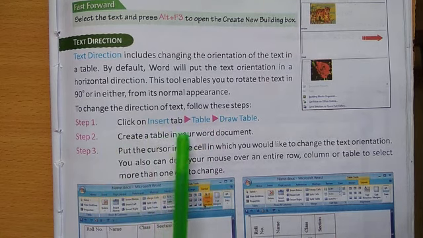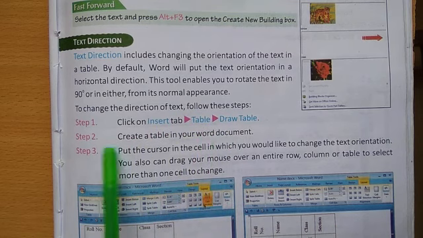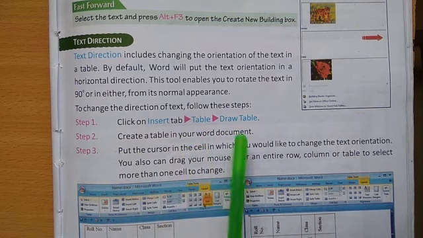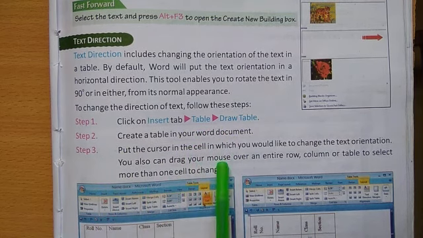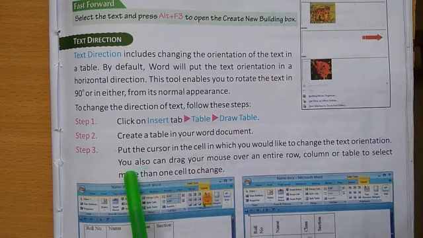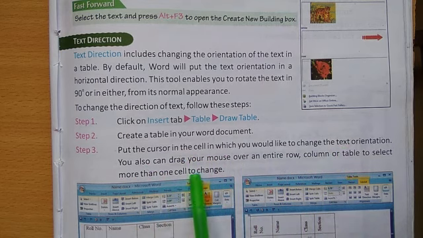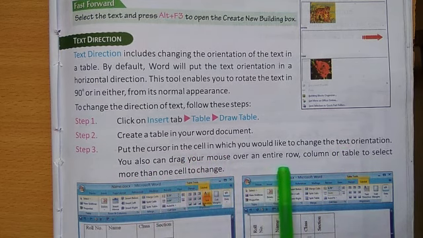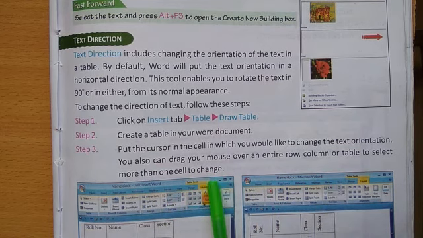Step number 1, click on Insert tab, then Table. Step 2, create a table in your Word document. Step 3, put the cursor in the cell in which you would like to change the text orientation. You also can drag your mouse over an entire row, column or table to select more than one cell to change.